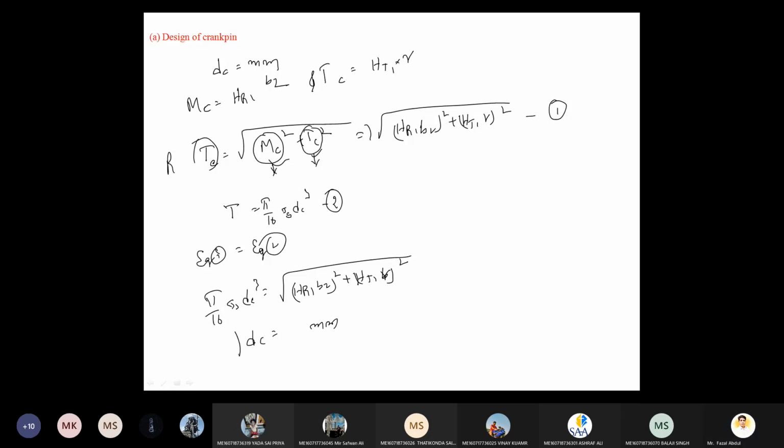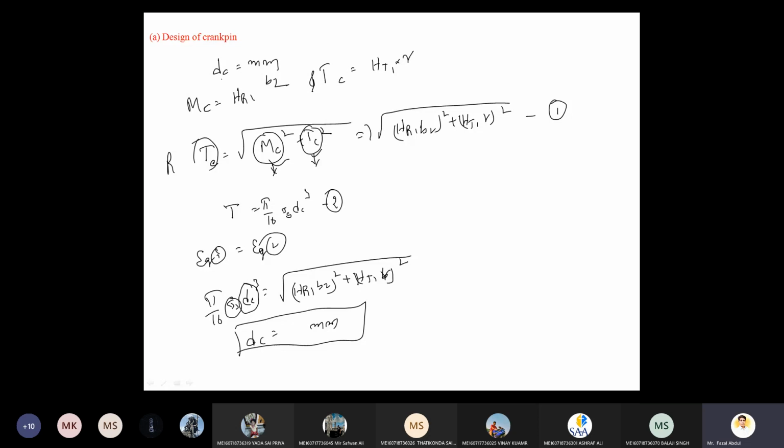Now see here, HR1 we calculated in the beginning stage, HT1 we also calculated at the beginning stage, R value is given in the question, B2 value will be given in the question. Sigma s is the permissible shear stress for the given material. So which one is the unknown here? This is the unknown one, that we are calculating.